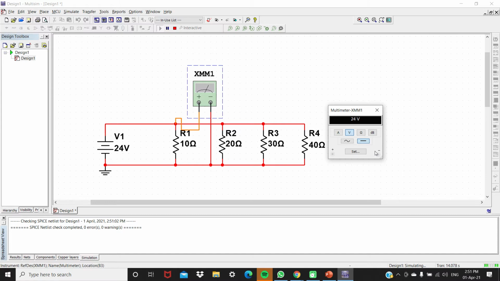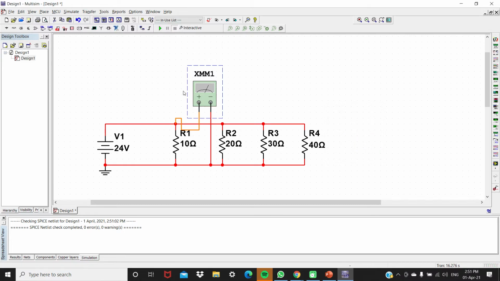Let's try. Just put it somewhere and see what is the voltage. Okay, now we are connecting the probe in a parallel mode. In a parallel mode. Okay, what is the current measurement now?